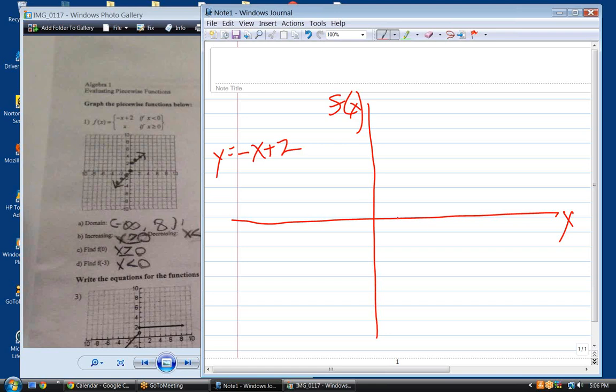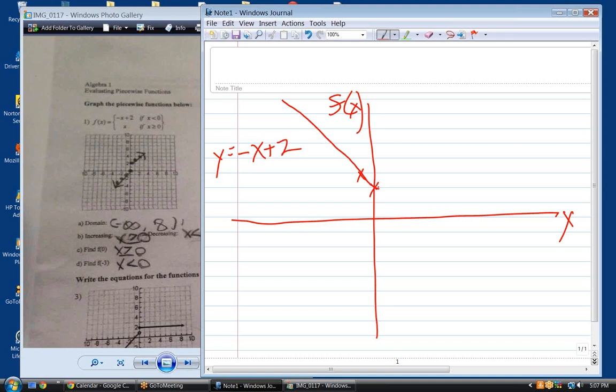Start at 2. And what's the slope? It's negative 1. How do I get my second point? Go over 1 to the left and up 1. If I go up 1 and left 1, that gives me a negative slope. That's what I want, and I stop right there.